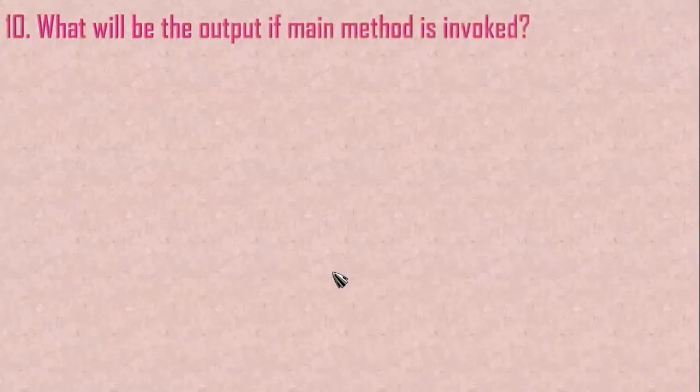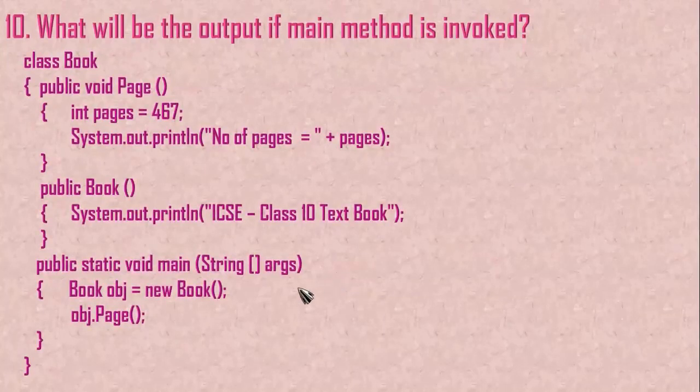Next question. What will be the output if main method is invoked? Let us analyze this first. Class book public void page of int pages equal to 467. It prints number of pages equal to the page number. Public book.